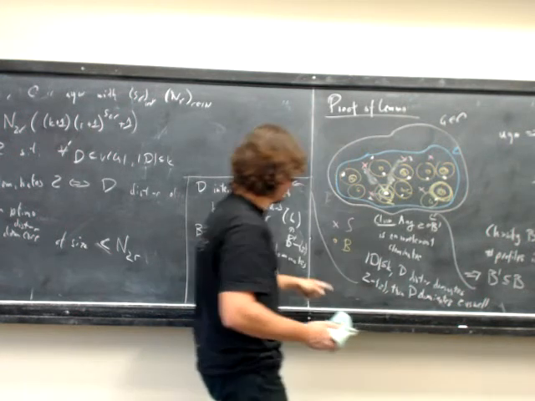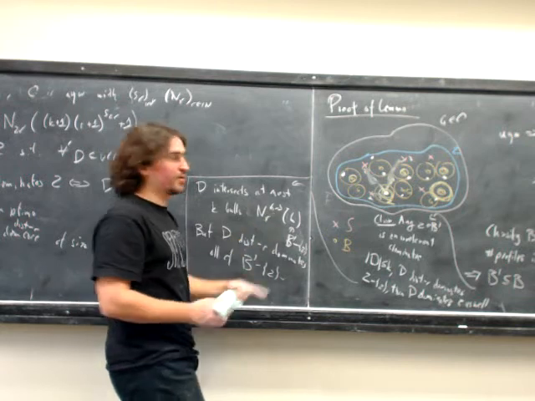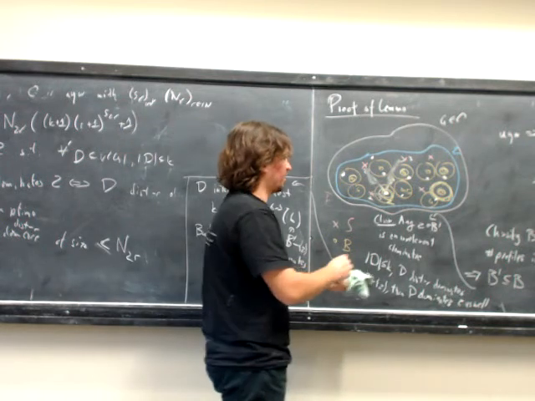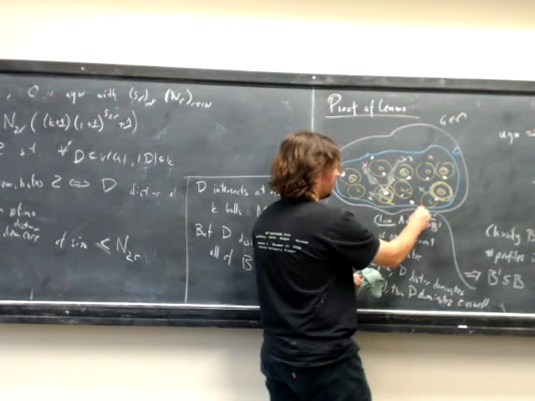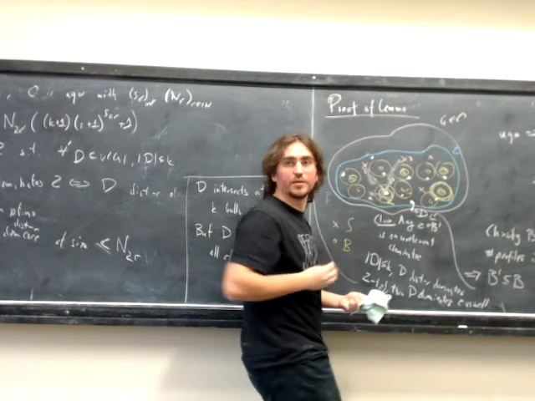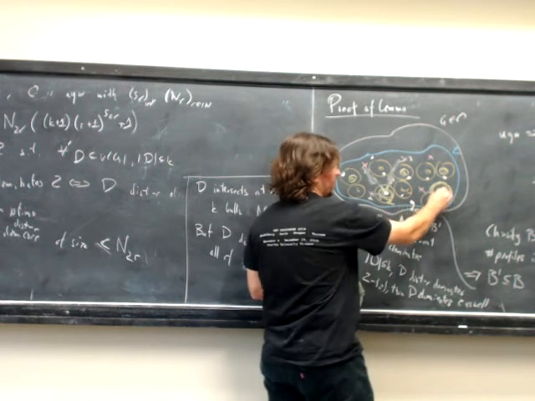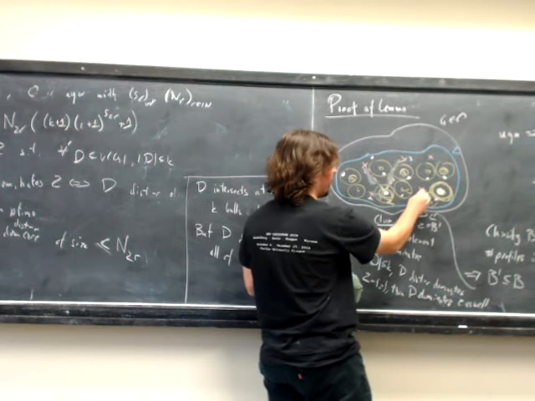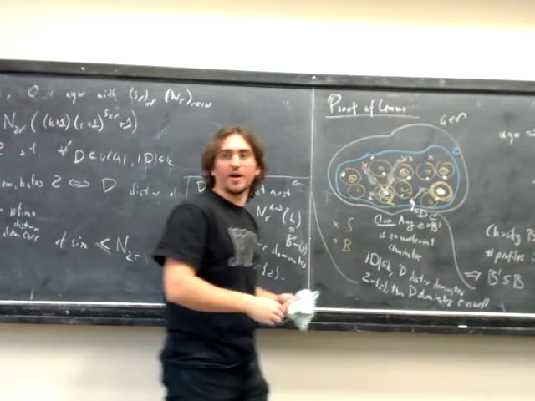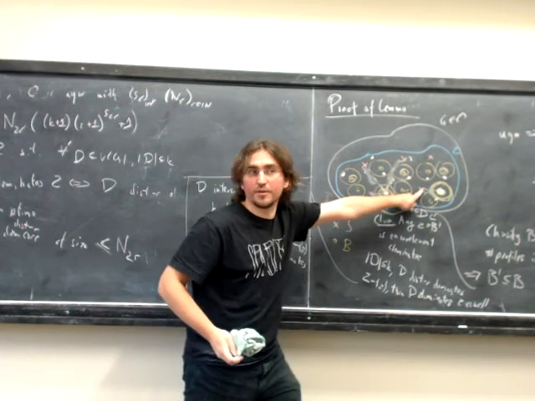Well, it was a ball in G minus S. There is also a possibility that there was some vertex from D that dominated this guy via a path of length at most r that crosses S. This is the only possibility.